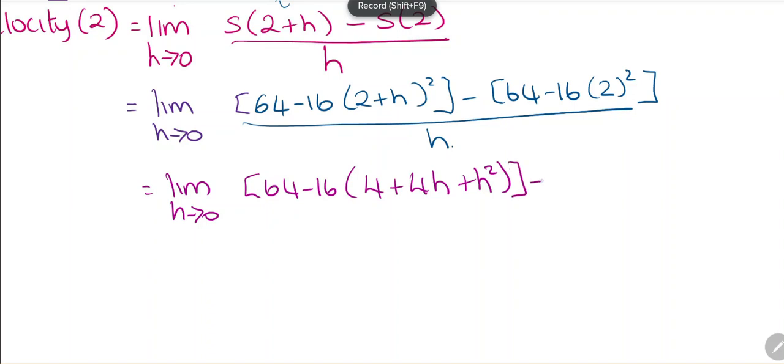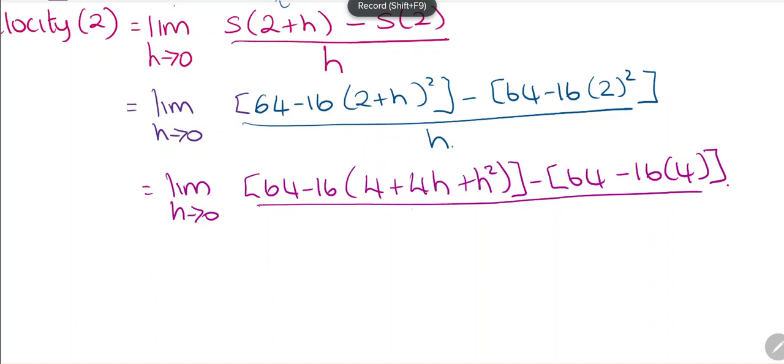And then we'll have minus 64 minus 16 multiplied by 4, and this is all over h.